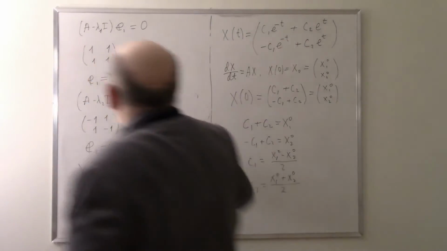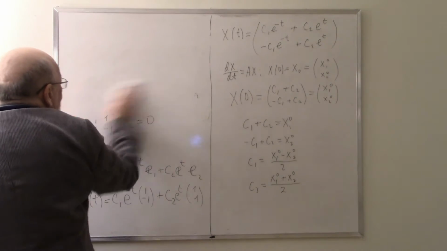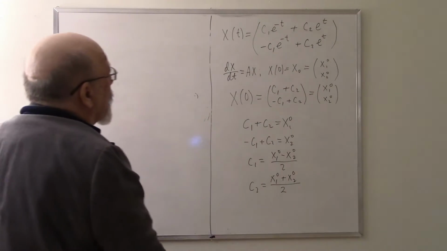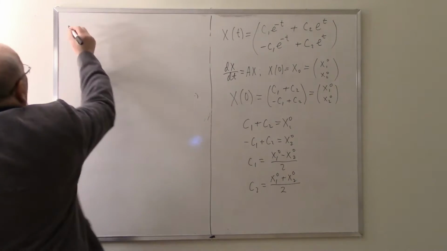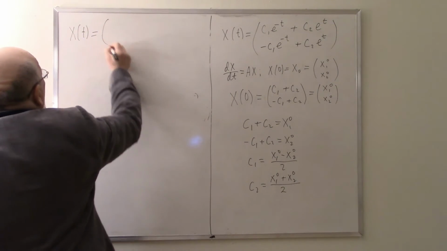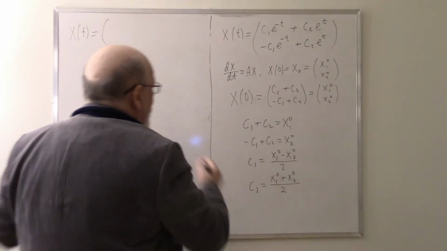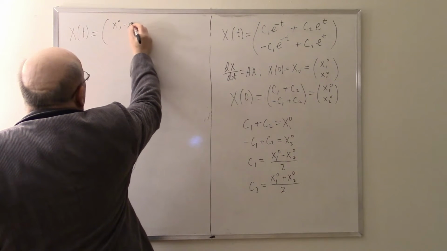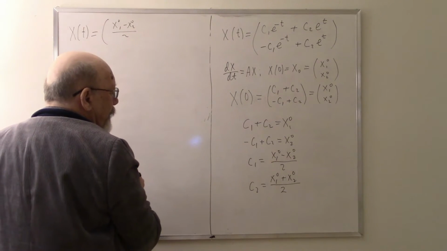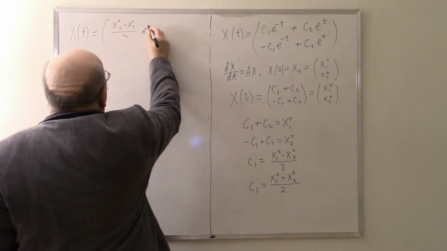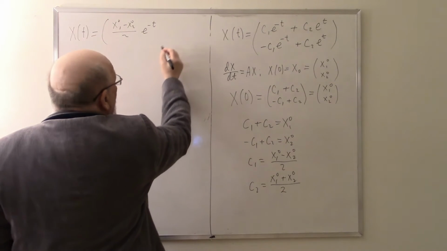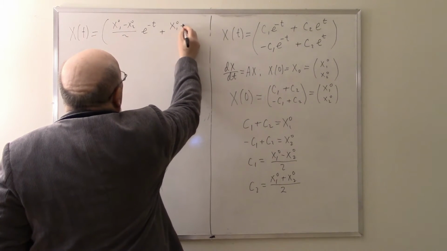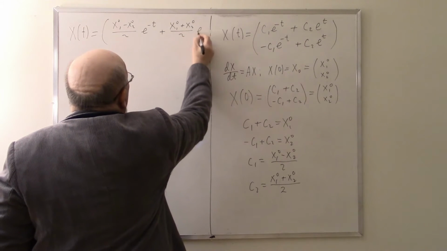And so, after all, let us substitute it here. x of t equals c1, which is x1,0 minus x2,0 over 2, times e to the minus t, plus x1,0 plus x2,0 divided by 2 times e to the power t.